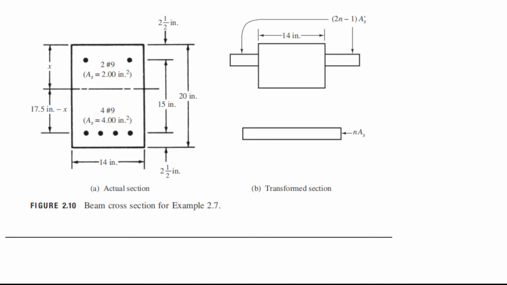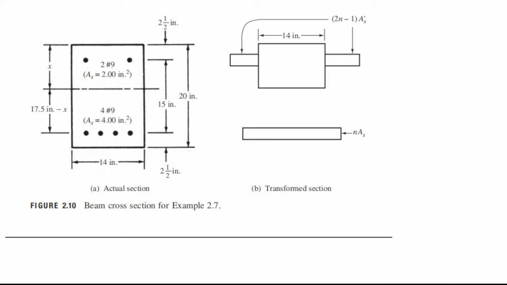What about the top bars? The same size, number 9, but at the top we have only 2 bars. So 2 times number 9, therefore the area of the top bars is 2 square inch, since 1 times 2 is 2 square inch.